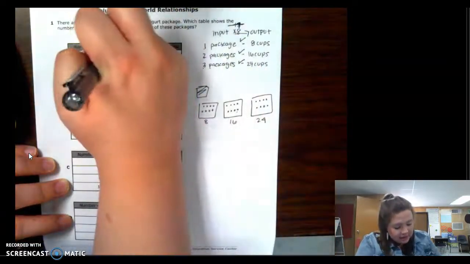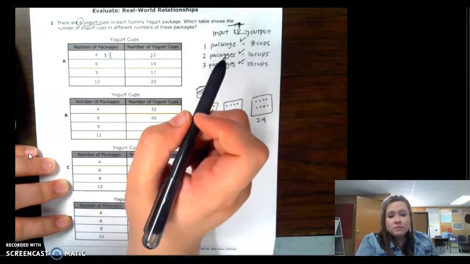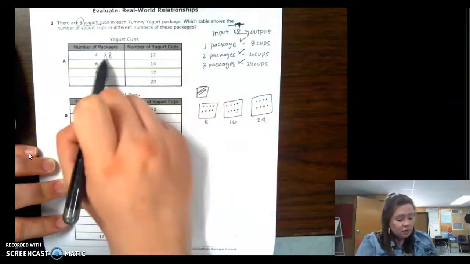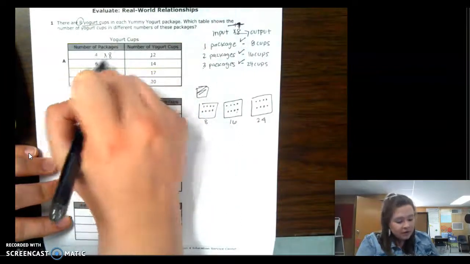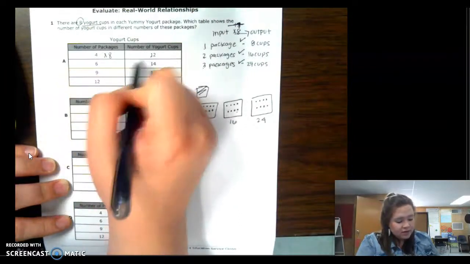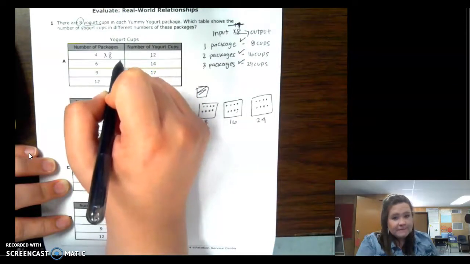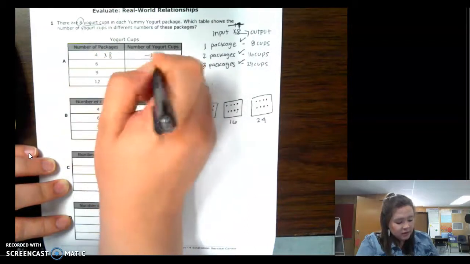So 4 times 8, does that equal 12? No, 4 times 8 does not equal 12. 4 plus 8 equals 12, but I'm multiplying. 4 times 8 equals, does anybody know? 4 times 8 equals 32, not 12.